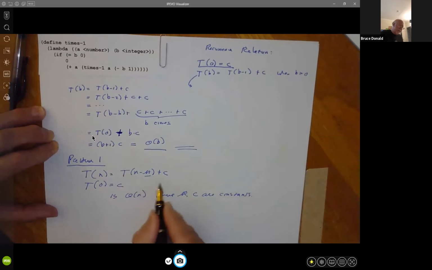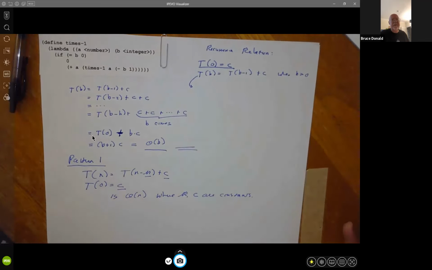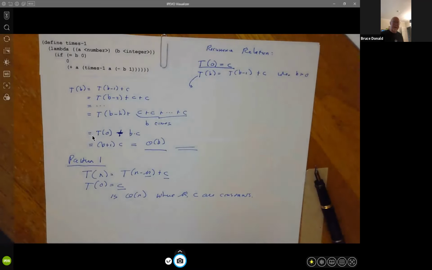Notice if your k and your C depend somehow on n, you have to do a different kind of analysis, but that didn't happen in this case. All right, so we've done our first proof of complexity. We've done our first recurrence relation in this class.